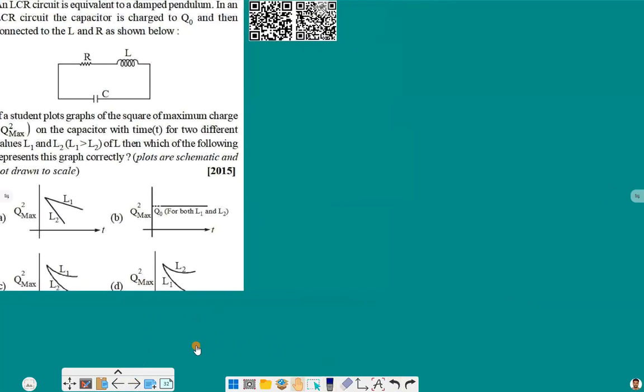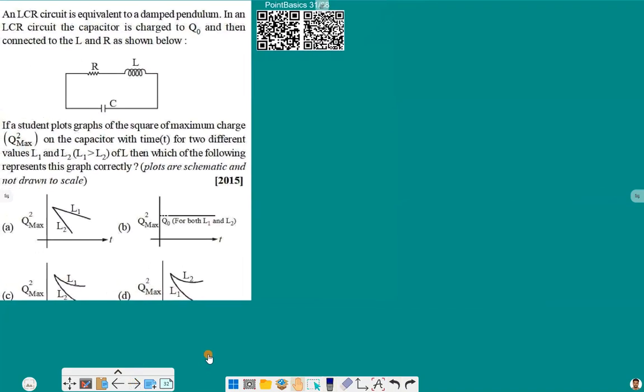So first, let's slide it slightly. Here we have an LCR circuit equivalent to a damped pendulum. In an LCR circuit, the capacitor is charged to Q node and then connected to L and R, as shown below.